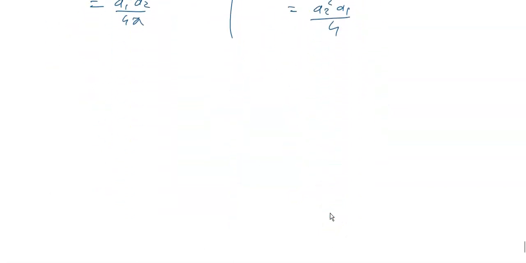So what do we get finally? तो अगर हम V1 upon V2 का रेशो निकालें, V1 upon V2, let's calculate. V1 कितना आया?